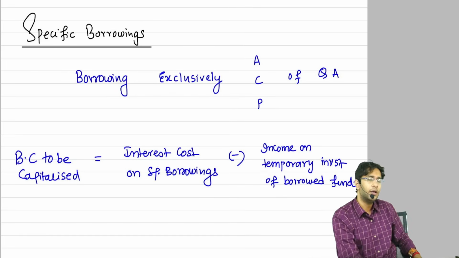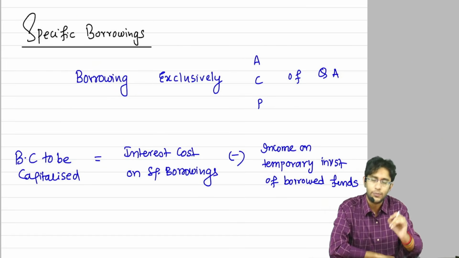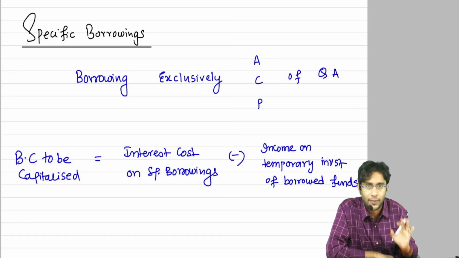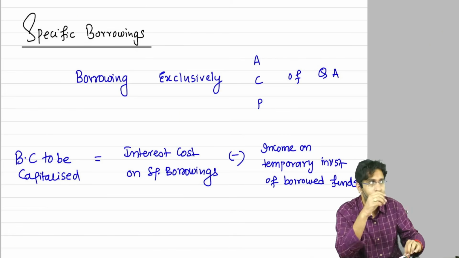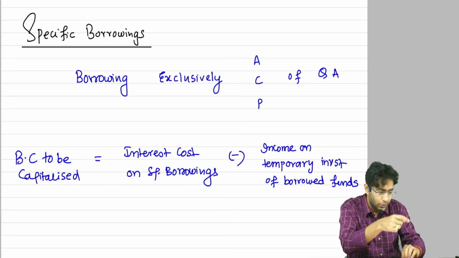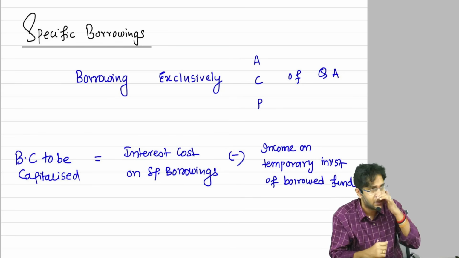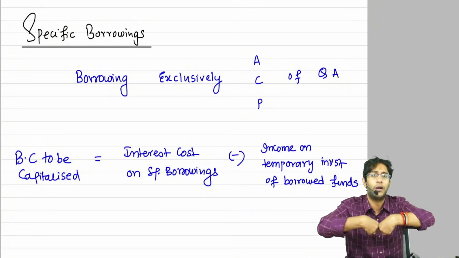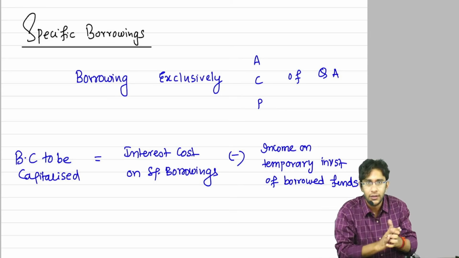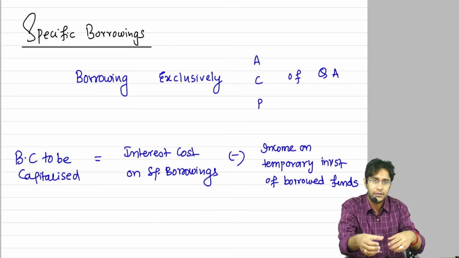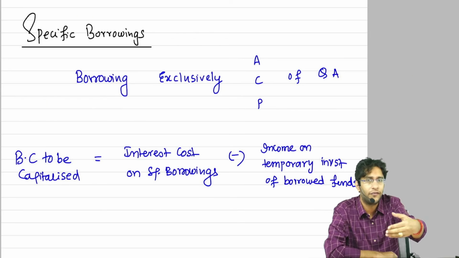See, one thing, you have made a borrowing. On this borrowing, whatever interest cost is there, you have to capitalize, but not fully. For example, you borrowed 100 lakh rupees. Just because you borrowed 100 lakh rupees from SBI, that does not mean that all 100 lakhs you'll spend on the project on the first day. You will spend money whenever there is a need. Today you spend 20 lakhs, another 80 lakhs later on, slowly, after 1 week.